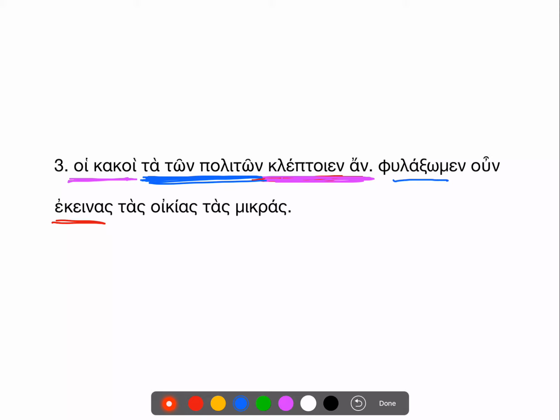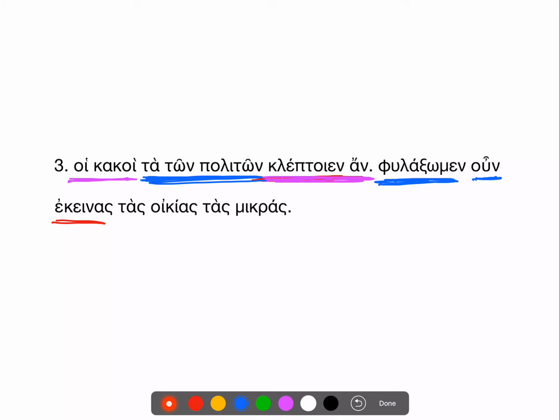So the bad guys might be stealing the stuff of the citizens. Phylloxomen un, ἐκεῖνος tas oikias tas mikras. Phylloxomen. So that's what? Aorist subjunctive active, first person plural. So what kind of subjunctive should that be? How about a hortatory subjunctive?